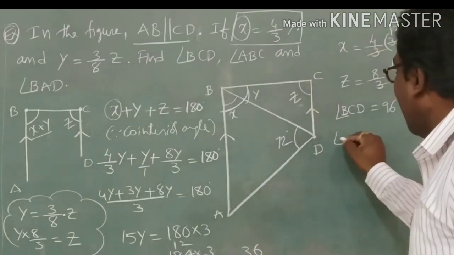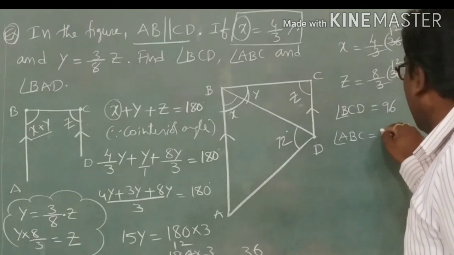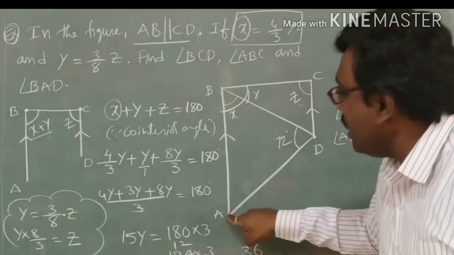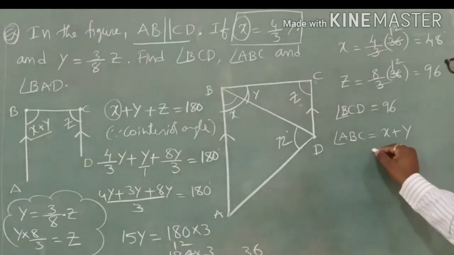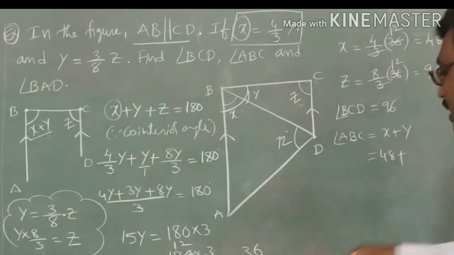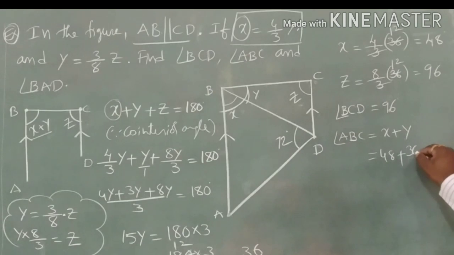Angle ABC is equal to, he gave x plus y. X value is how much? 48. Plus y value is how much? 36. Okay. 48 plus 36 is equal to 84.